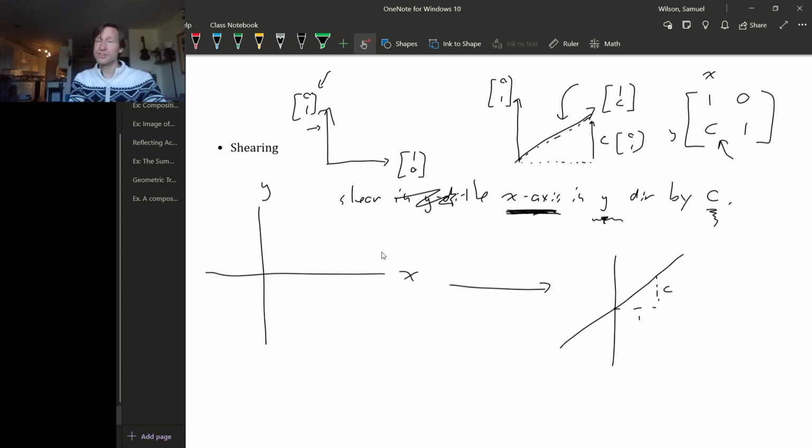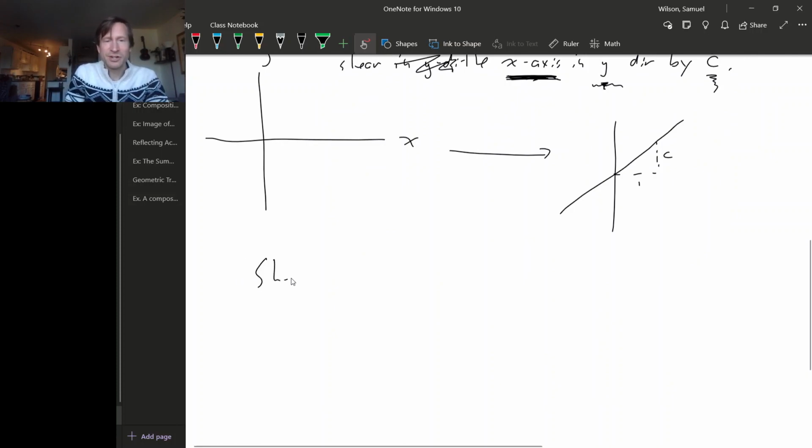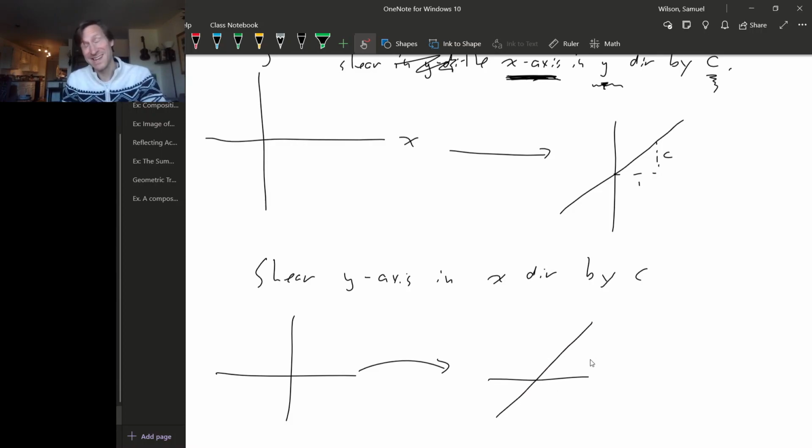So there's another shear in the xy plane, and that would be shearing the y-axis in the x direction by c. This would correspond to tipping the y-axis towards the x-axis instead of tipping the x-axis towards the y-axis.